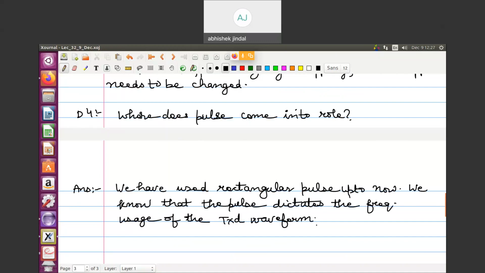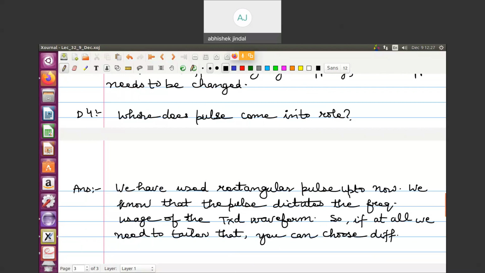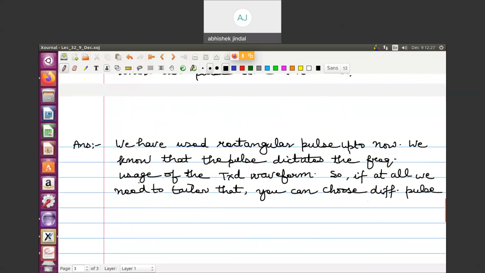So if at all we need to tailor that, you can choose different shapes. This you can see in the Nyquist design criteria which we have studied.